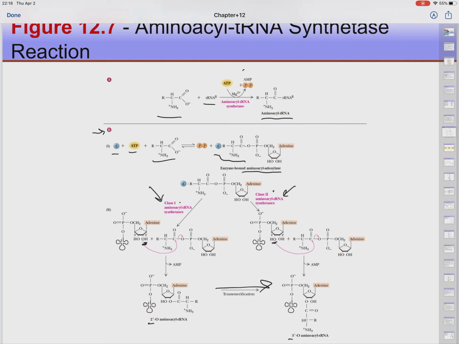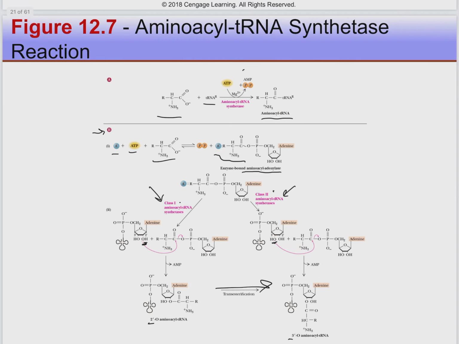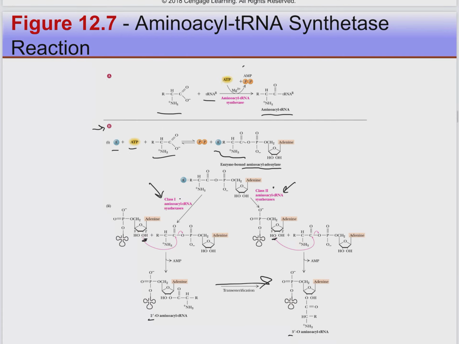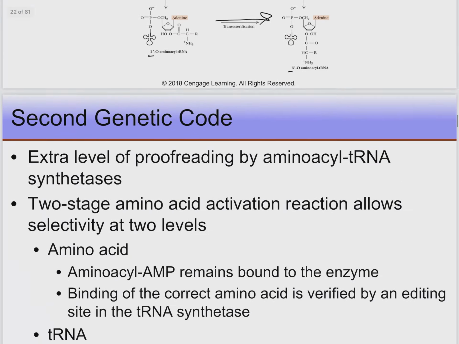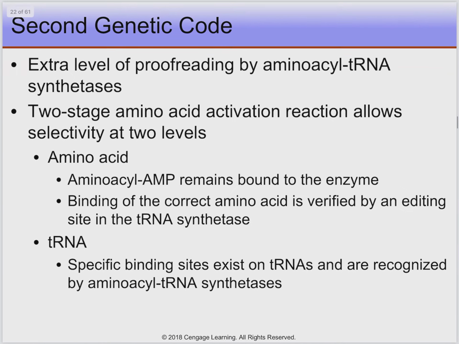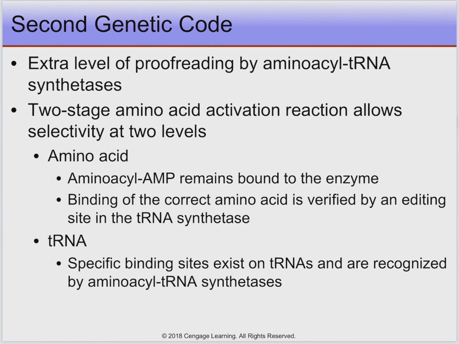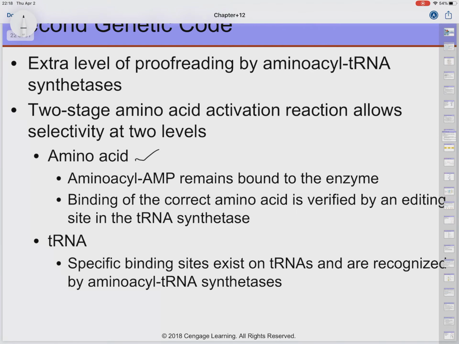So this is loading it onto the tRNA. The aminoacyl tRNA synthetase actually does double duty here. In addition to catalyzing this reaction, it's also proofreading. First, it has to recognize the correct amino acid.